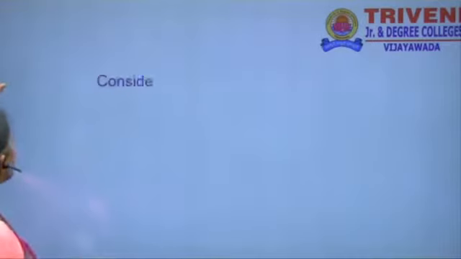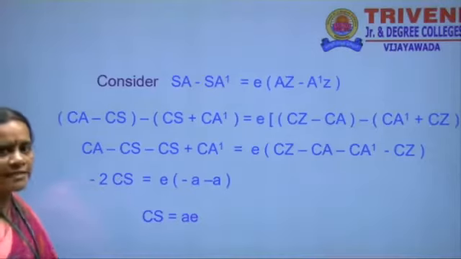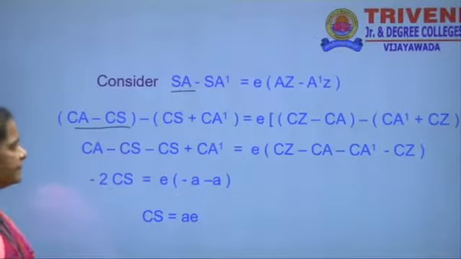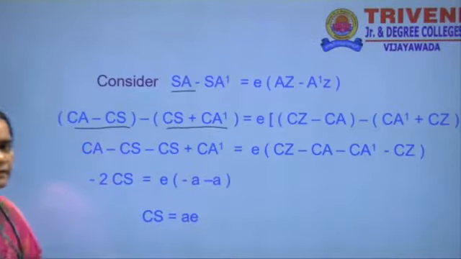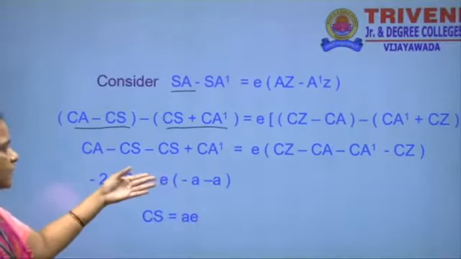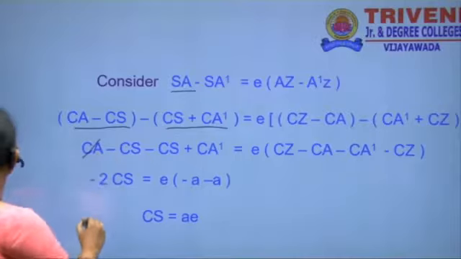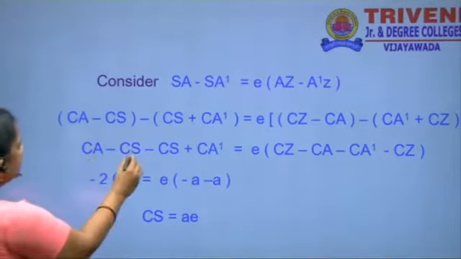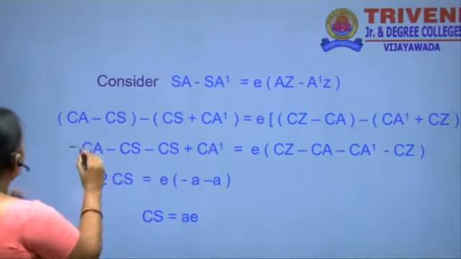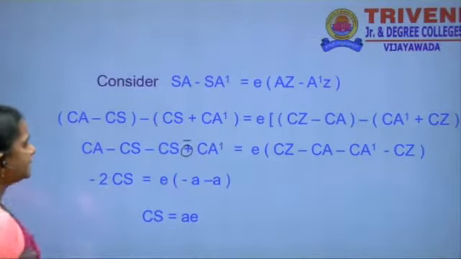And then we have to subtract: SA minus SA dash is equal to E into AZ minus A dash Z. SA can be written as CA minus CS. SA dash can be written as CS plus CA dash. Similarly, AZ and A dash Z we also write out.